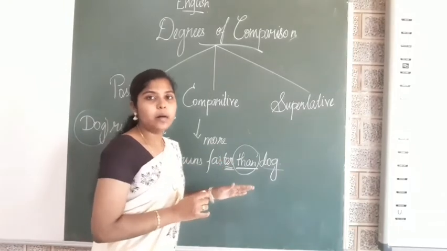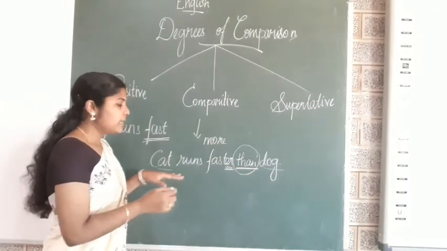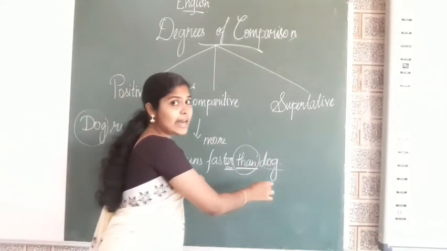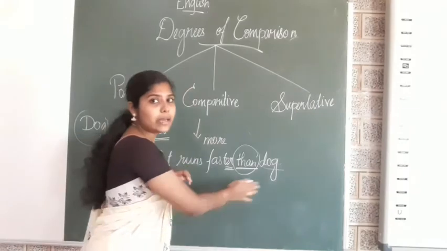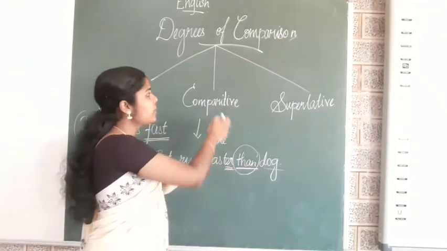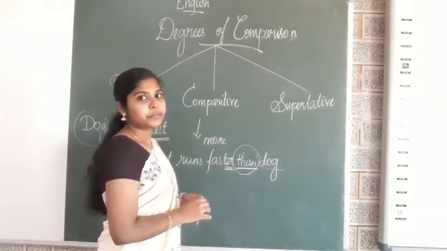So for now, we are comparing dog and cat, and come to a conclusion that cat runs faster than dog. We are comparing two nouns and thus it becomes a comparative degree of adjective.